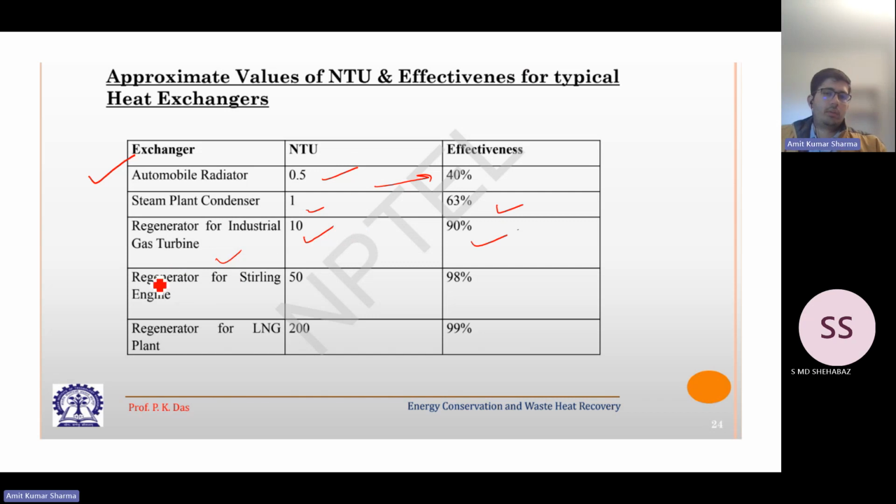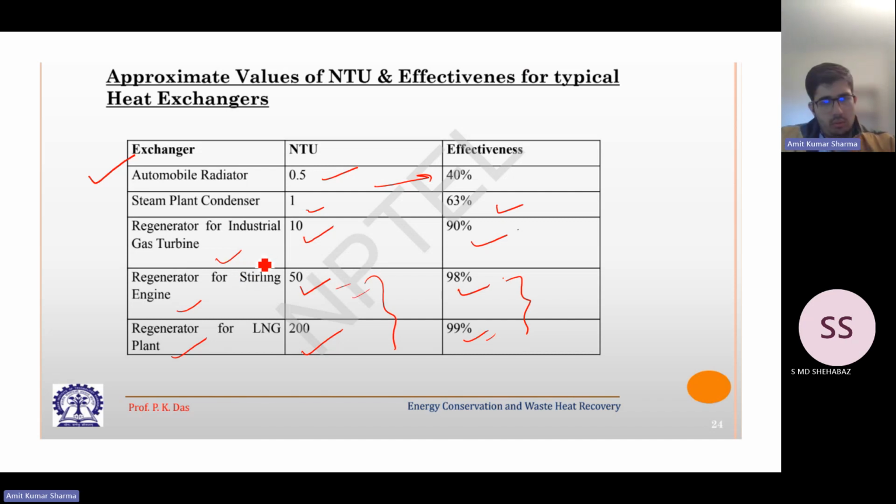Regenerator for Stirling engine, NTU 50, effectiveness 98%. Regenerator for LNG plant, NTU is 200, effectiveness is 99%. So you can see for only 1% increase, NTU has increased 4 times.